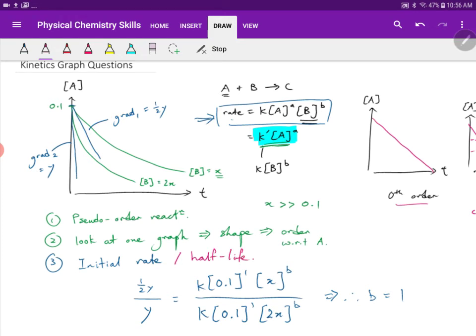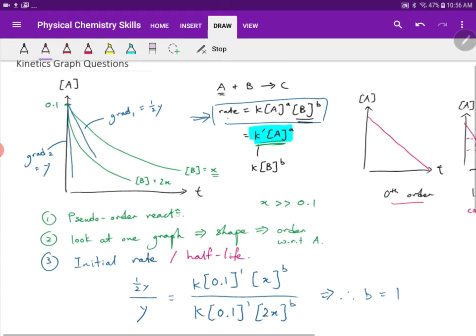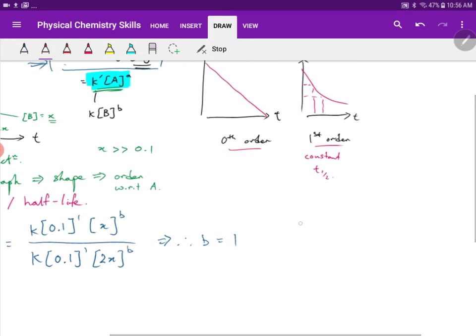So basically what you realize is that in this equation, if we take a look at our equation for half-life, we will get t half is equal to ln 2 over k. But in this case, since we are looking at this equation of rate is equal to k' [A] to the power 1, this is k' instead of k, because this is the equation that we are looking at.